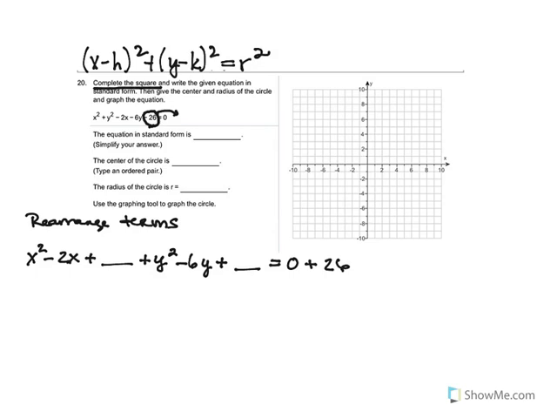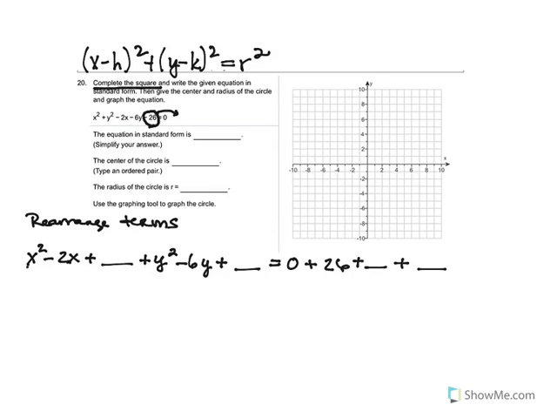Then we have the y terms, y squared minus 6y plus blank, because we're going to complete that by completing the square. So when we add the 26, we also have to account for the two c terms that we are about to create. We are about to find the constant for the x trinomial, and the constant term for the y trinomial.